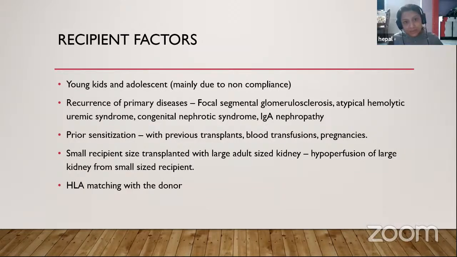Prior sensitization with previous transplants, blood transfusions, pregnancies, in which case PRA screening is going to help, and we can risk stratify the recipient with prior sensitization. Small recipient size transplanted with a large adult-sized kidney. This is mainly for a pediatric recipient who ends up receiving an adult donor kidney. Hypoperfusion of a large kidney in a small-sized recipient, so chronic ischemia, and HLA matching with the donor.